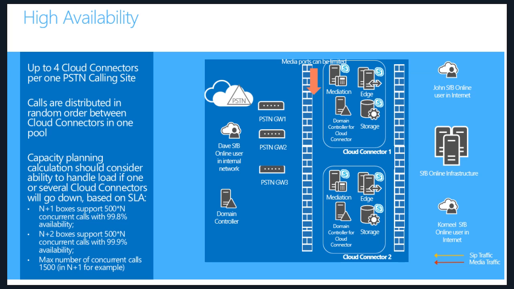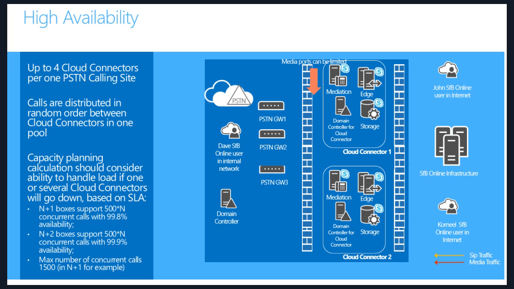Now, from a capacity planning perspective, it's really going to come down to what type of load we're looking at and what level of availability we want to have. So for example, if I want to go the N+1 route, so for example, I want to have 3 + 1 available for resiliency purposes, right? So the N+1 model, we have a max of 4, so we have a 3 + 1.